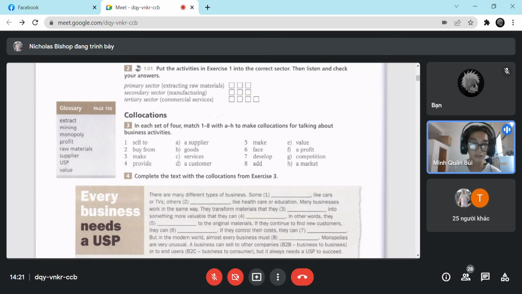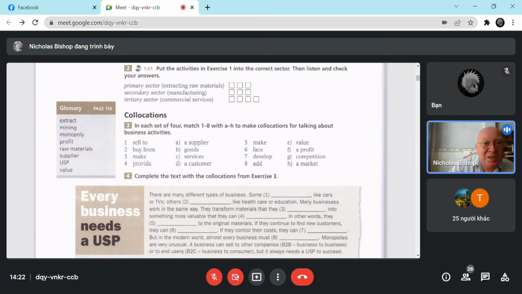Is it using selling point? That's a good guess. Unique selling point. Wow, unique. You're a good student. Yes, it does mean that.